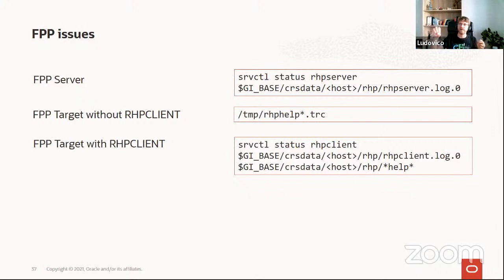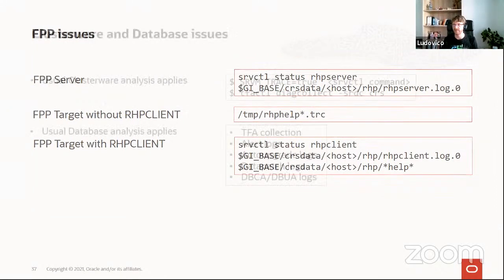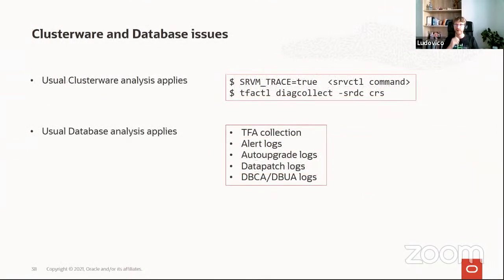So you will have log files of those operations on the clients, which means that if any operation fails on the client, you should go to the client and find the trace file and the information there about the root cause, because sometimes FPP is able to give you the root cause in the standard output. Sometimes it's not possible because the operations are quite complex.